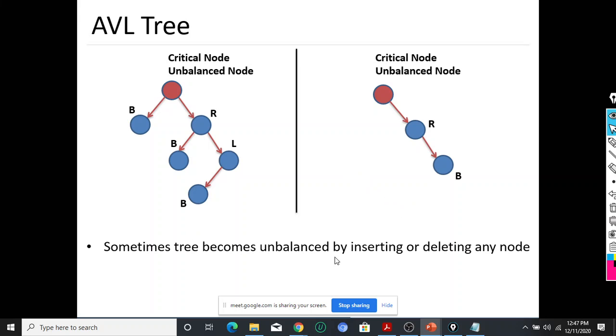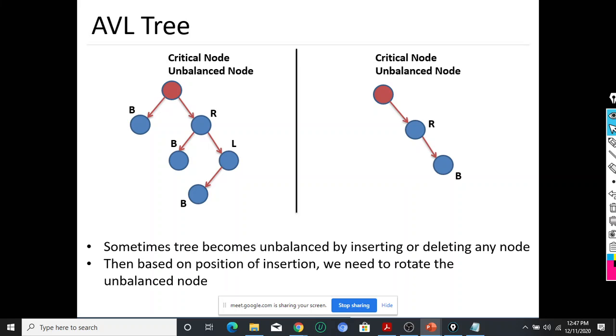Sometimes if I insert some nodes, the tree becomes unbalanced, and sometimes if I delete some node, the tree also becomes unbalanced. Then, based on the position where we insert, I have just mentioned LR, RR, RL.